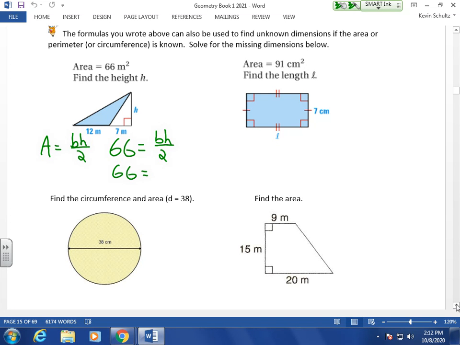Good question. So this 7 refers to this distance, but it's not part of the shaded triangle. So 12. So the area of that shaded triangle is equal to 66, which was found by taking 12 times the height divided by 2, or base times height divided by 2.